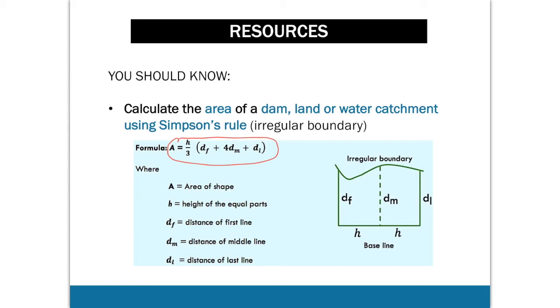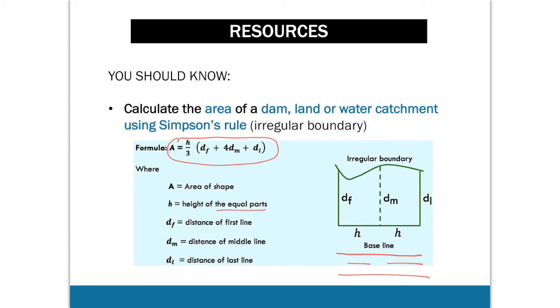So A is obviously the area of the shape, H is the height of the equal parts. So they could give you the whole distance here, right? But if they give you the whole distance there, H is only this and this. It's not the whole thing. So you need to divide this by 2 or by 3 or whatever you need to do to get what H equals. So remember, it's height of the equal parts.